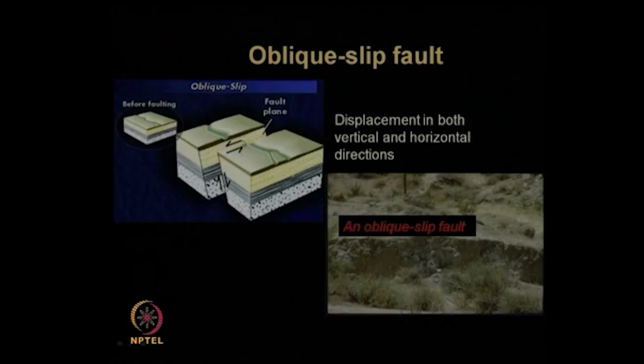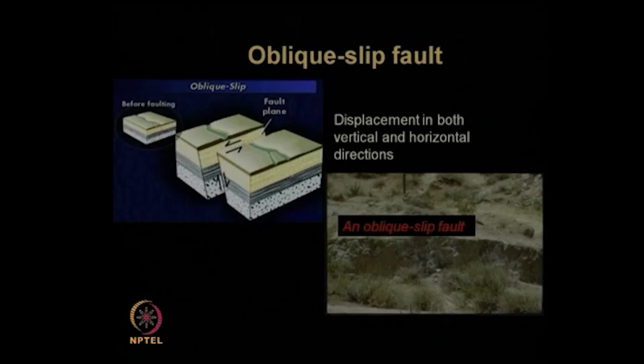vertical movement. So, in the case of an oblique slip fault, displacement occurs in both the vertical and horizontal directions. That is, there will be a horizontal movement, as you can see between these two points, as well as a vertical movement. Whereas in pure normal fault and pure reverse fault, what we have seen is there is only vertical movement, and hardly any horizontal movement.